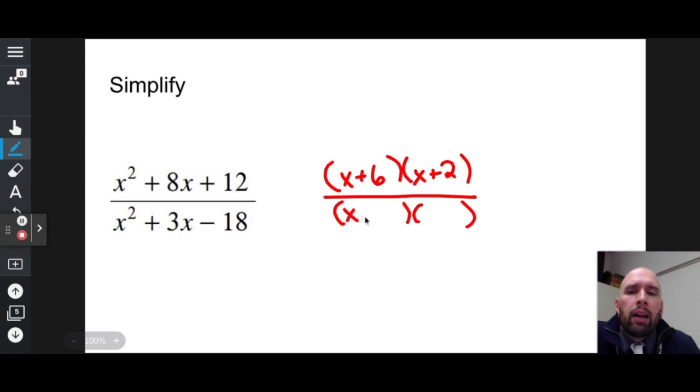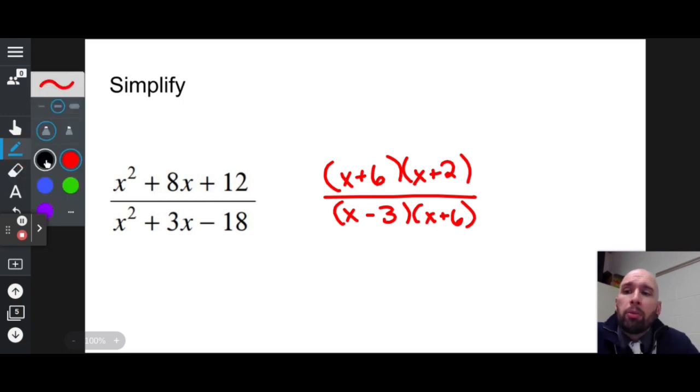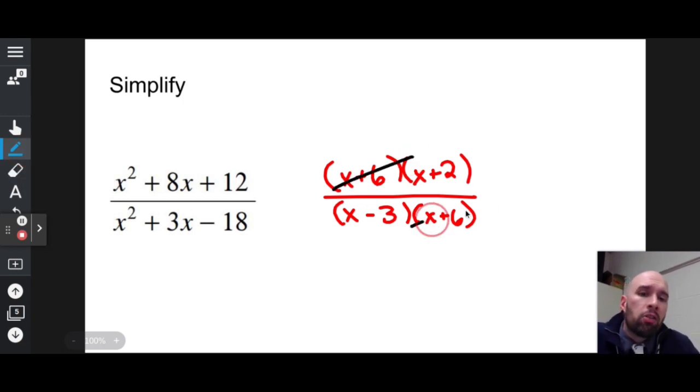So let's do x minus 3 and x plus 6. Now I have this times that over this times that. Something upstairs is the same exact thing as something downstairs, so let's cross them out. And that leaves me with x plus 2 over x minus 3.